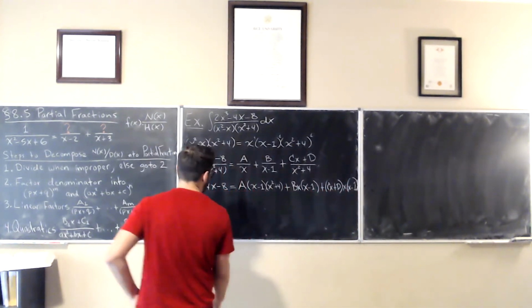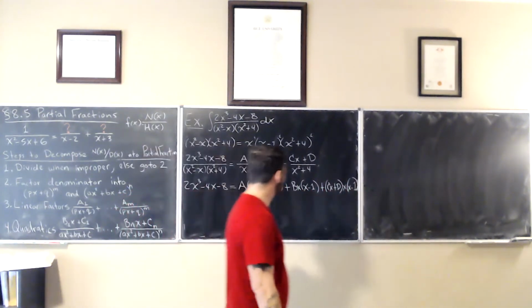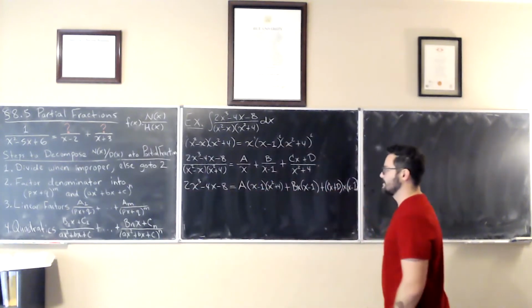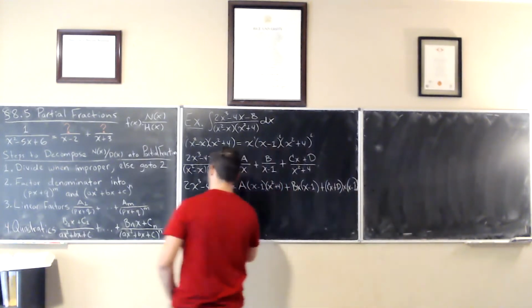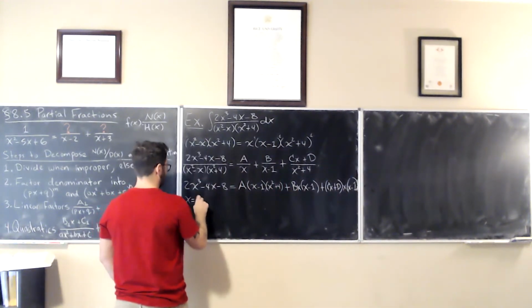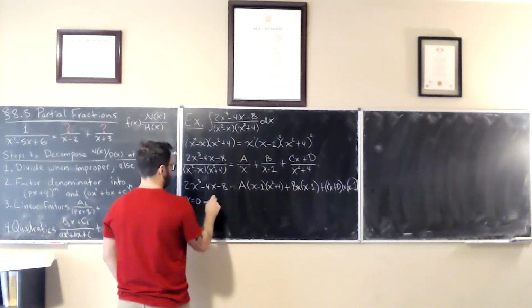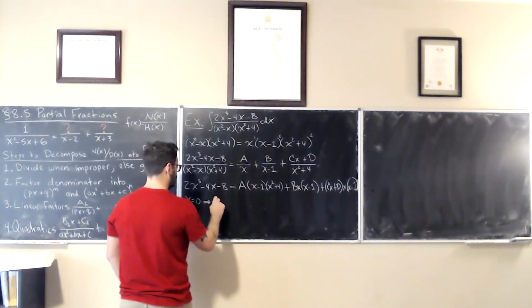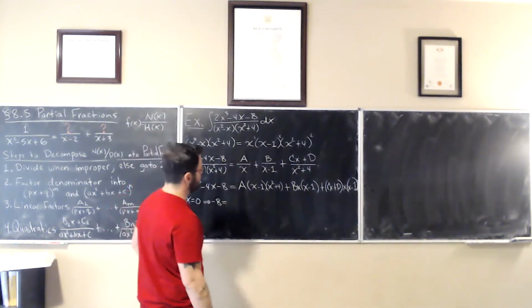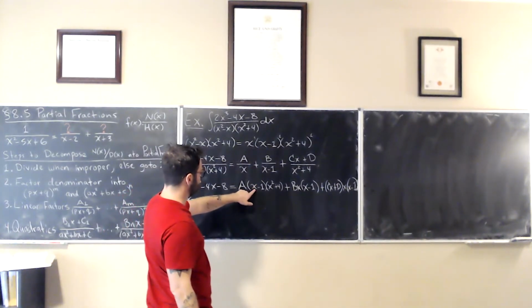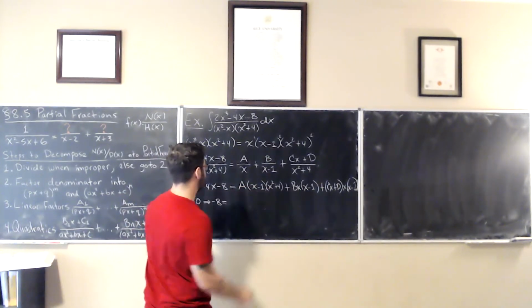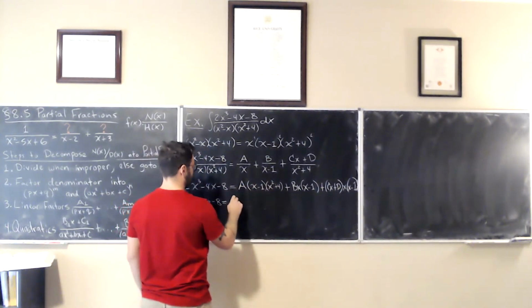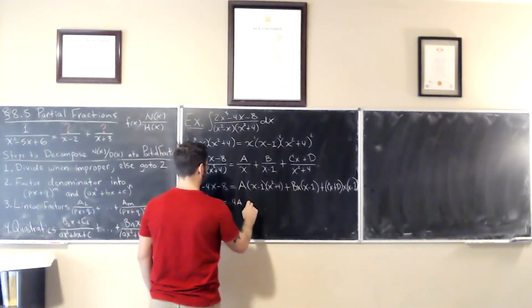Okay, so what's the easiest variable to get a hold of? I'd say a. We take x to be 0, that goes away, all that goes away. So if x is equal to 0, then we have negative 8 is equal to negative 4 times a, so negative 4a, which means that a is equal to 2.